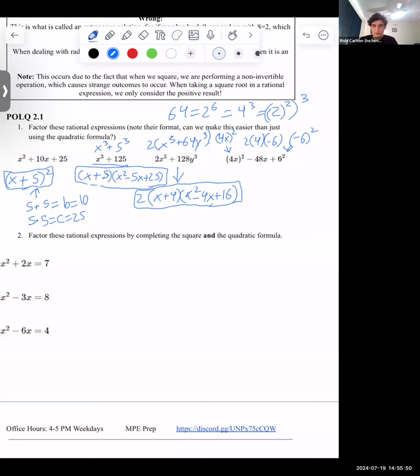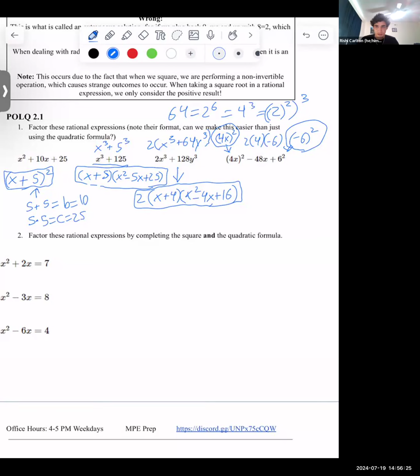So since there's a 4 that appears here and a 6 that appears over here, that's how I know to break it up into 4 and -6. This one is a little bit more complicated though, so don't stress it if that wasn't your first intuition, because it wasn't mine either. This is a pretty weird kind of problem.